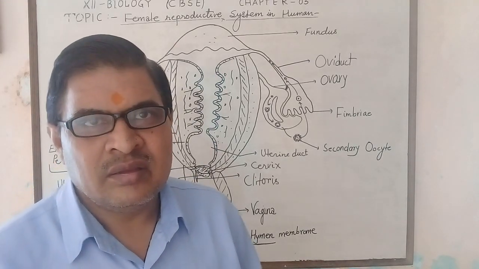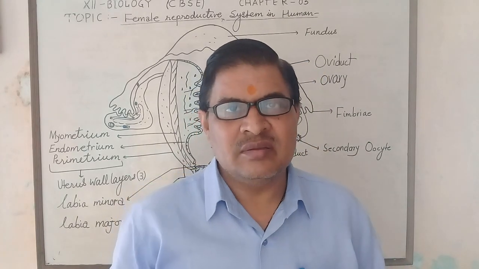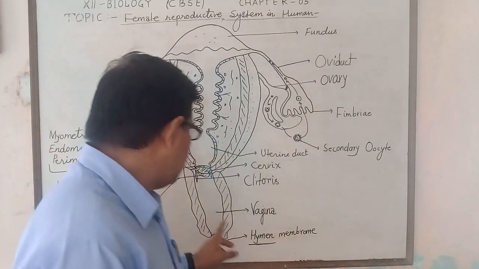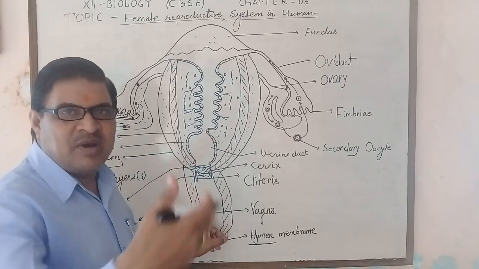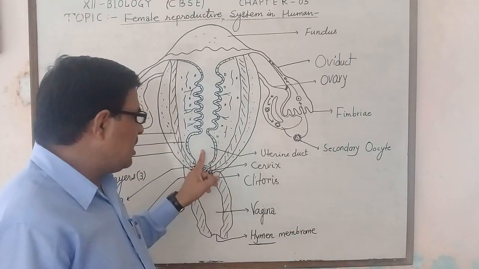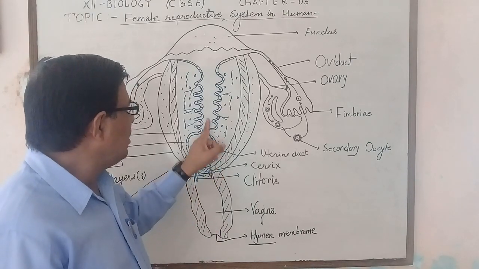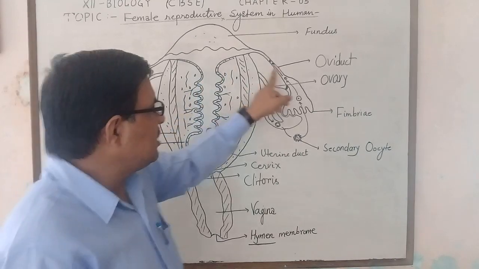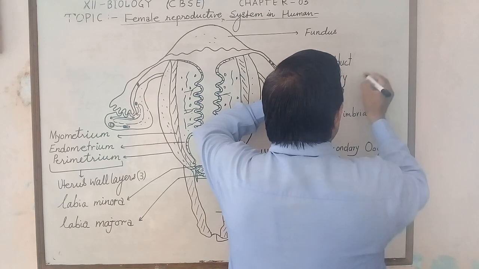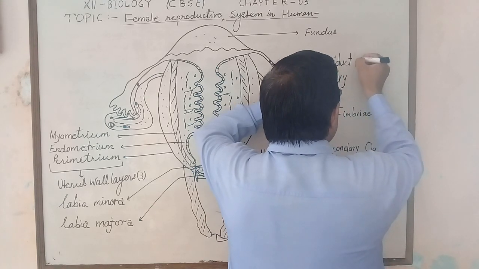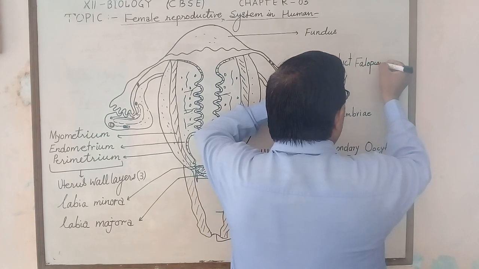The male genitalia deposit the semen in the vagina during insemination, and these sperms reach the uterine duct, move upward, and reach the oviduct, which is also called the fallopian tube.